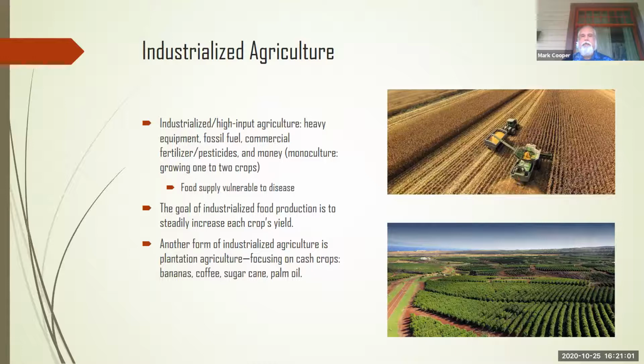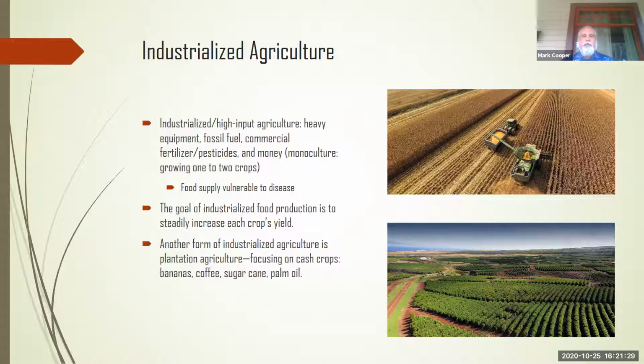If an insect or a fungus gets in there, everything is right next to each other, and very quickly it can collapse. Again, the goal of industrialized food production is basically just to get as much food out as possible, to keep increasing the yield of food. That is the one goal, and that may not be great for the environment.